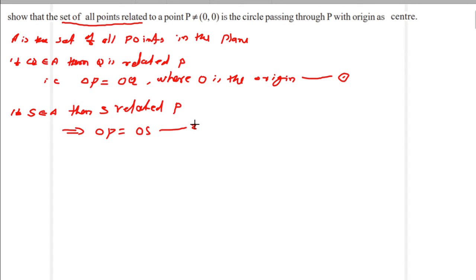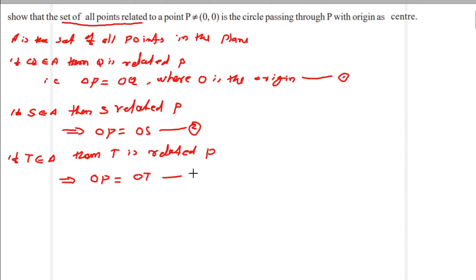Number two. Then take one more point T that belongs to A. Then T is related to P. This implies OP equal to OT.